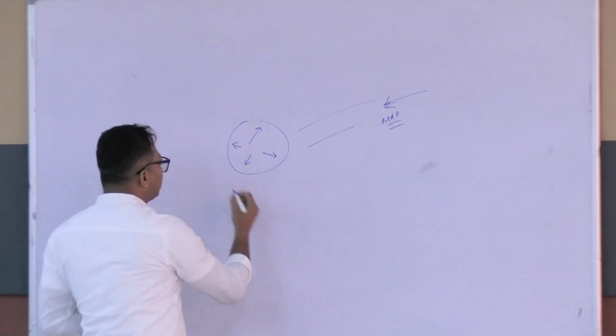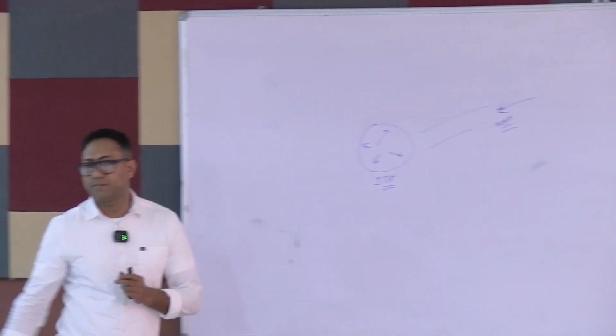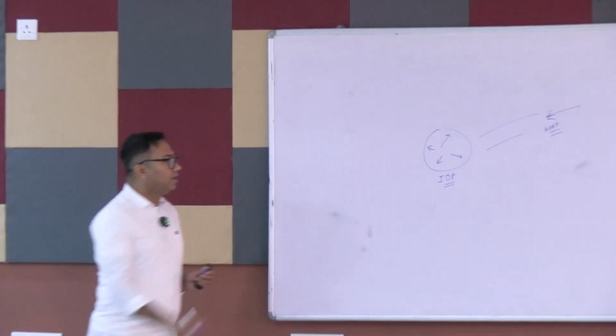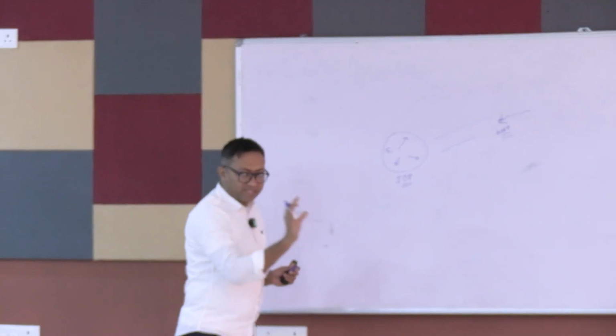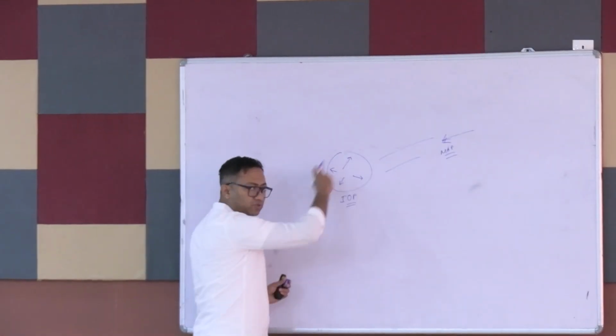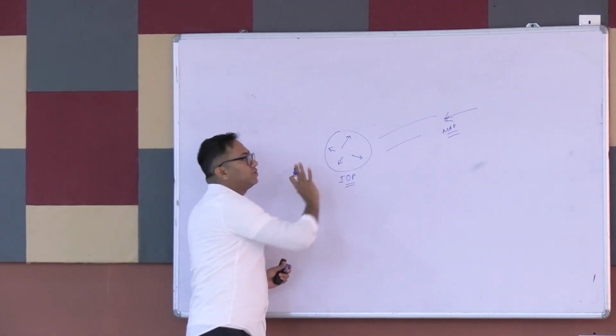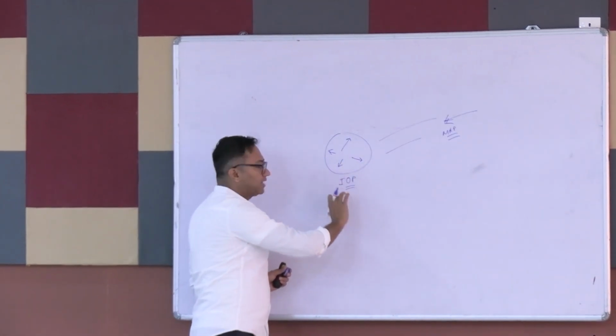So, if we call it intra-organ pressure or IOP, to perfuse that organ, mean arterial blood pressure is trying to send blood to this organ and intra-organ pressure is trying to resist it.